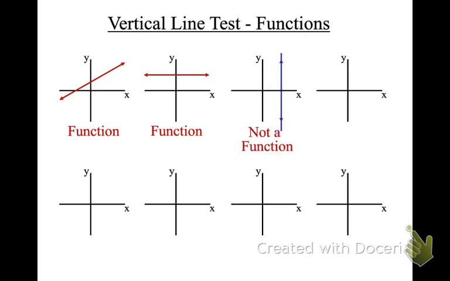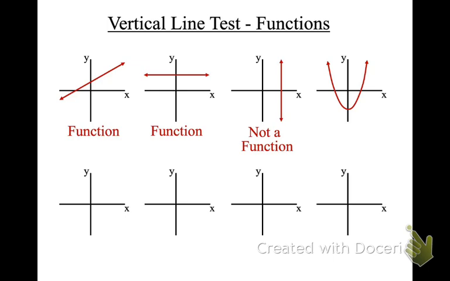All right, let's look at the next one. This is a parabola. Now, in a parabola, there is a slight angle, and even though it looks like it's a vertical line, it's not.